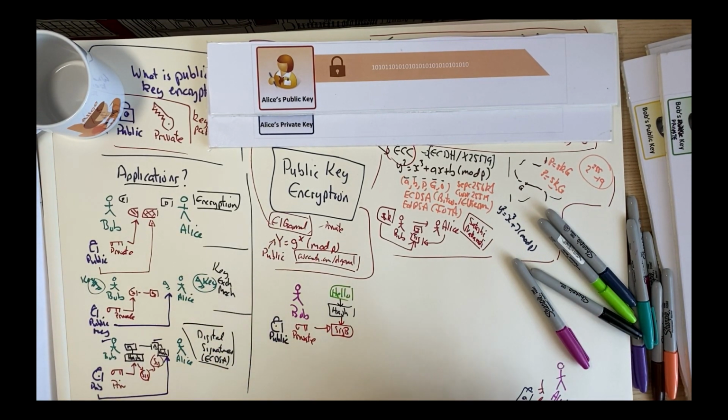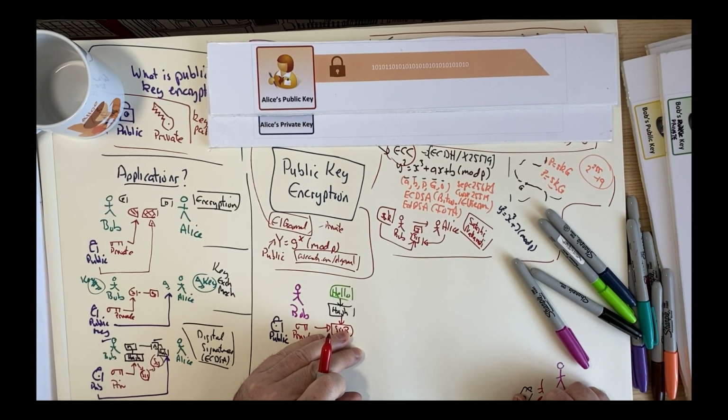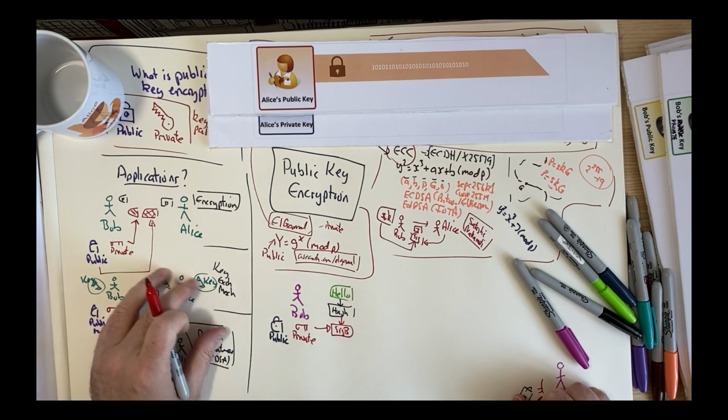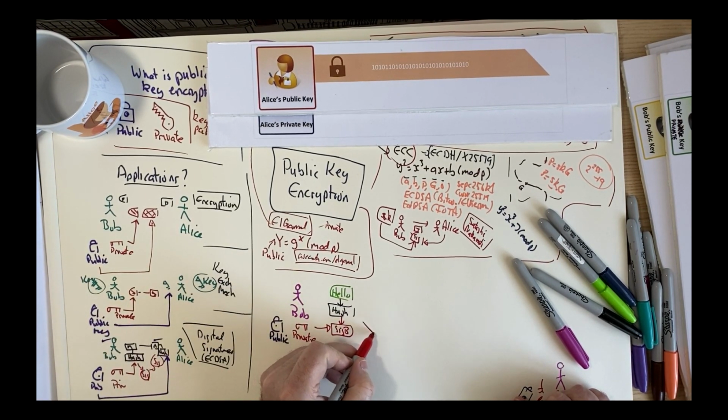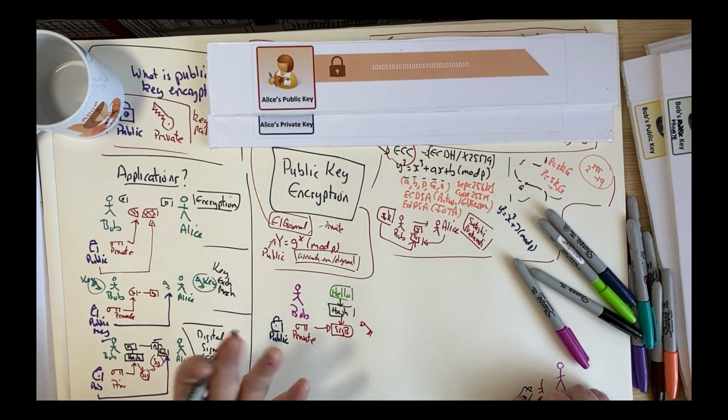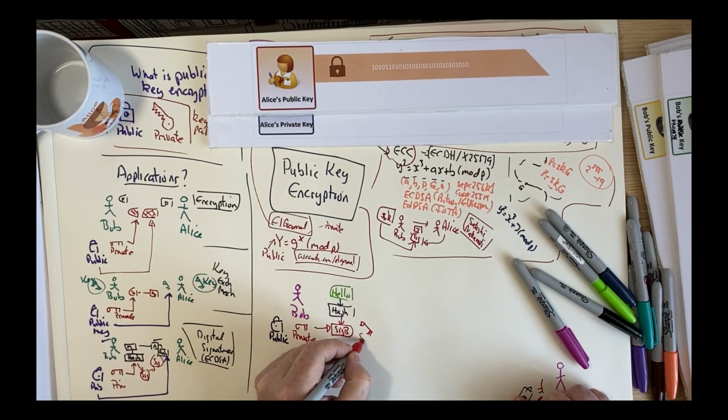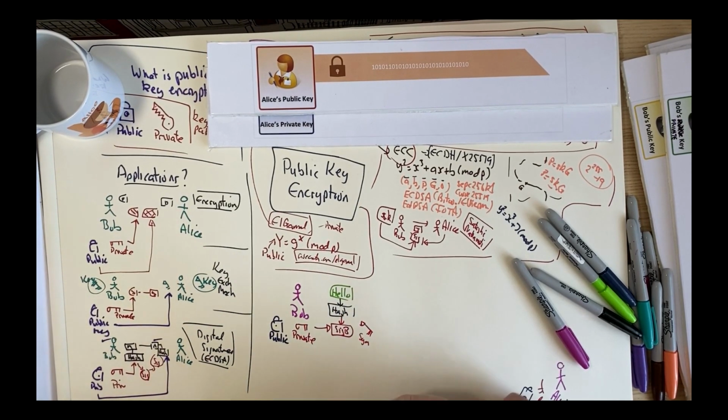So now what we do is that we create a new symmetric key. The symmetric key is an AES key, so that's a new key that we're actually going to use to encrypt the message.